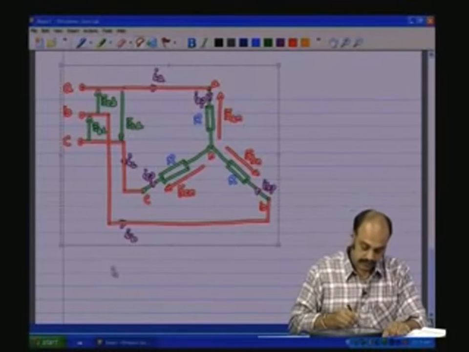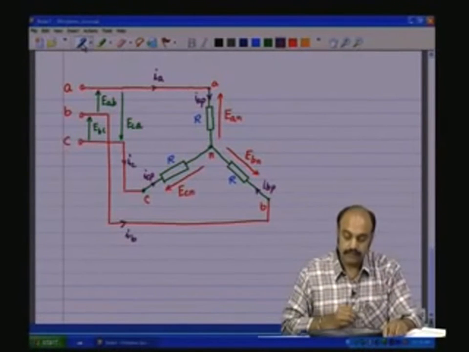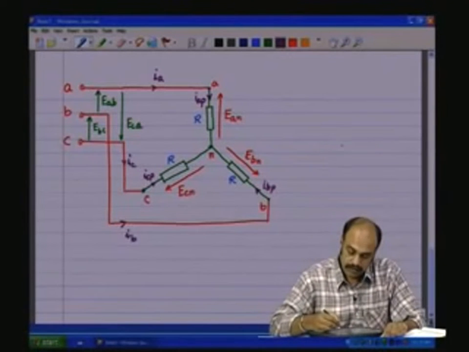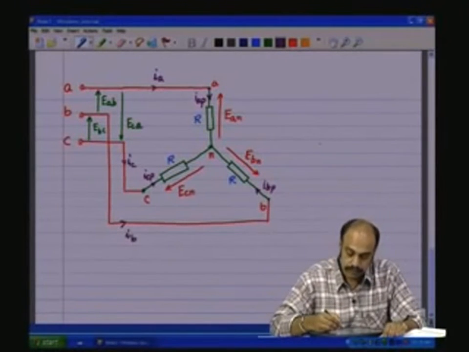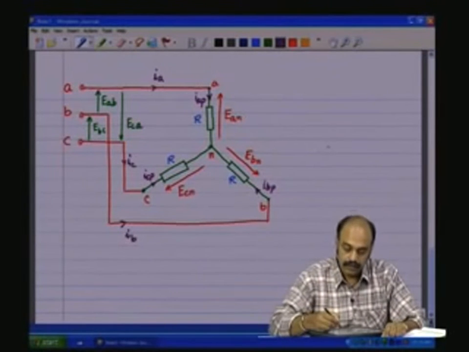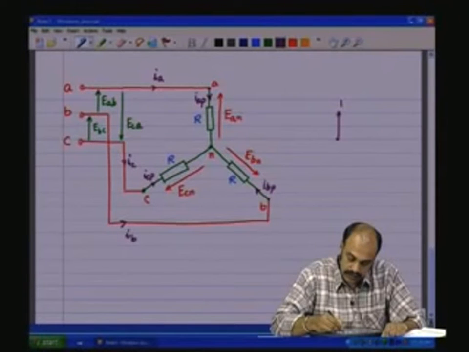So, we have the circuit here. First, let us have a picture of the phasor diagram. So, let me draw EAN. This is EAN.